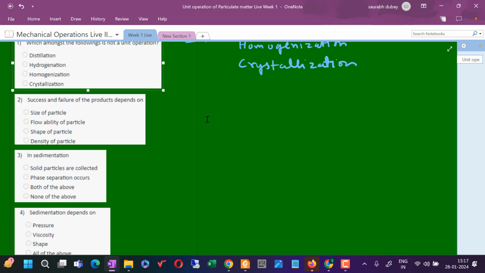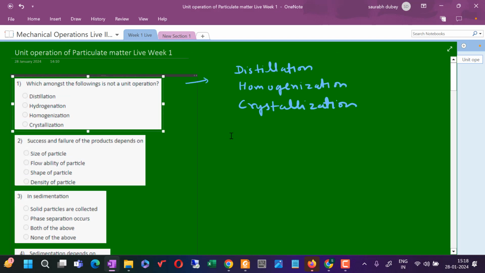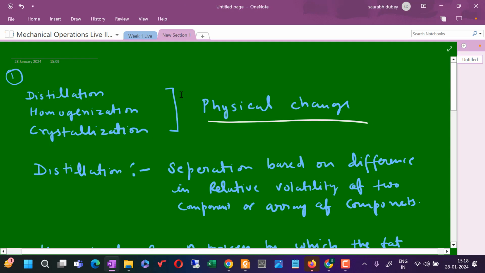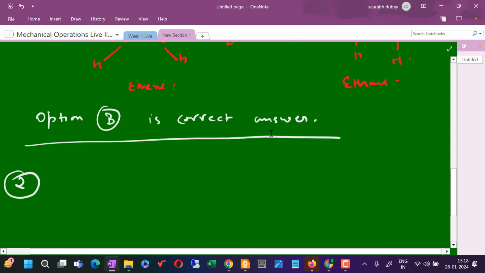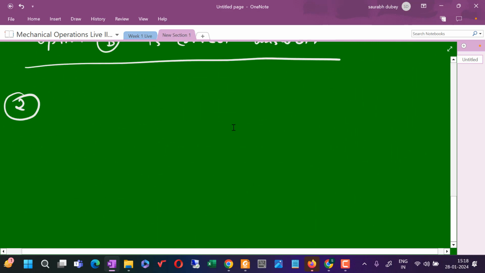One thing I also want to mention is why I just said that physical change and chemical change have to be taken into account, and based on this physical and chemical change there is a classification that must be followed. Suppose this is the question here. Okay, this was question one, and you just solved it.